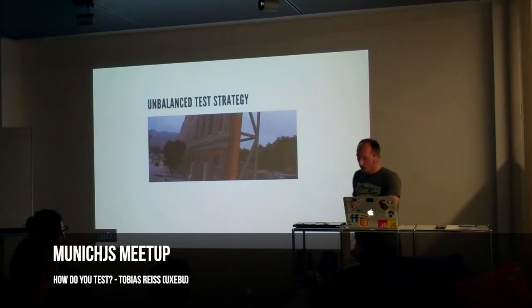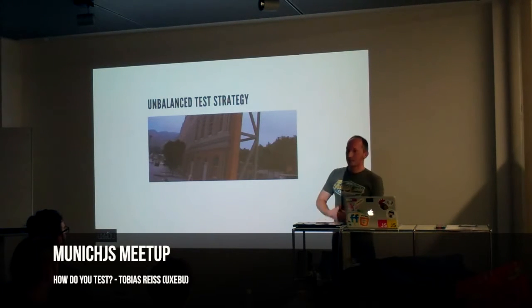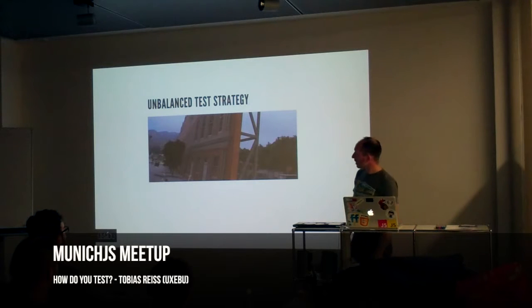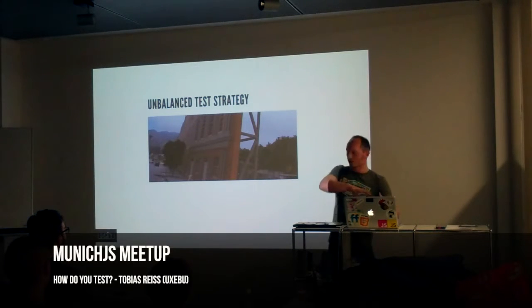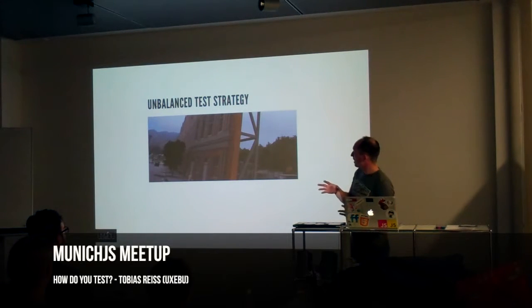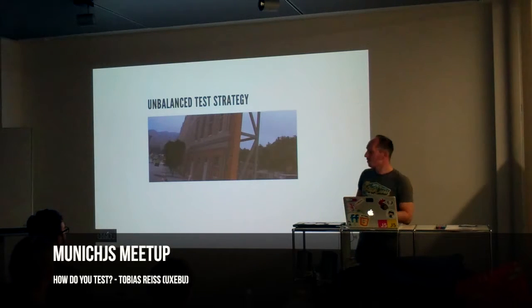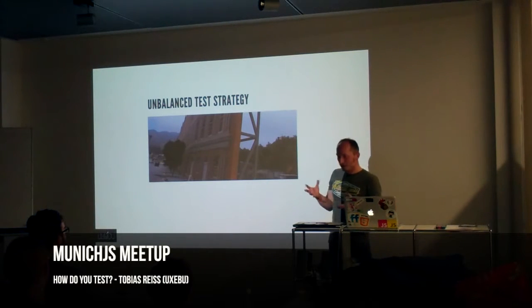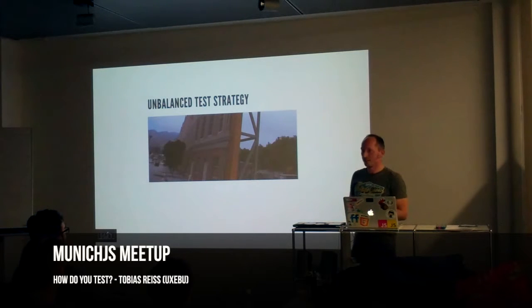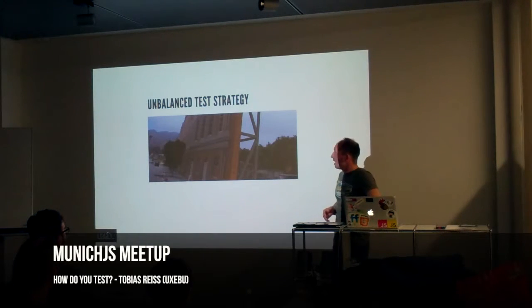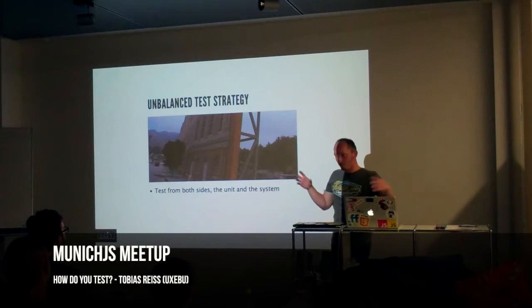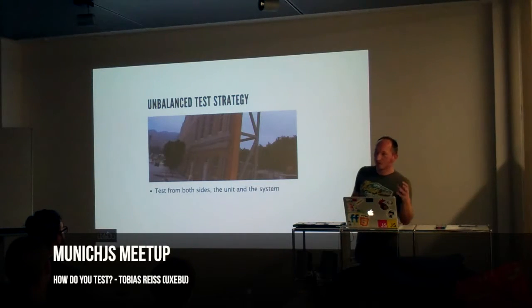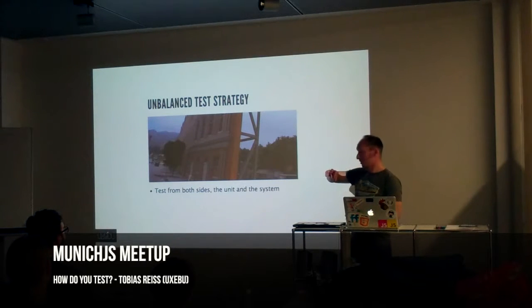So what is an unbalanced test strategy? I picked that picture because from the outside it looks very cool. That house. It has a door, it has windows, everything is there. But the internals might not be finished yet. So, make sure by choosing the right test strategy that you come from both sides, from the unit and the system.